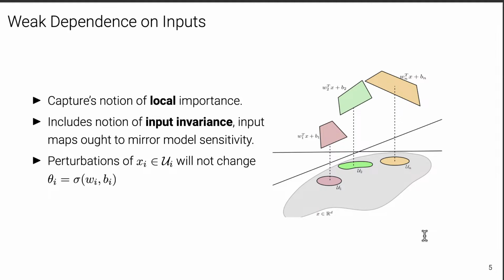Because our saliency function is a deterministic function, and our model is going to return a classification, for any perturbations of x_i within our planar region, our saliency map is going to say that these perturbations are not relevant if we are staying within this particular input region.